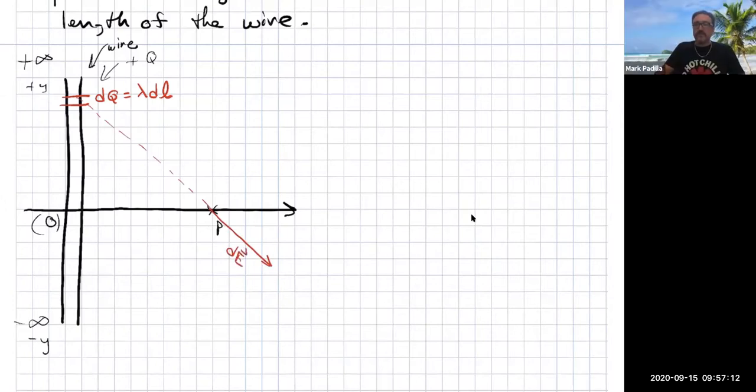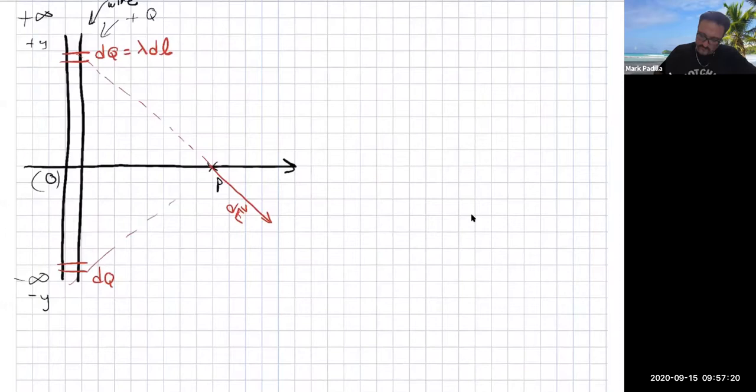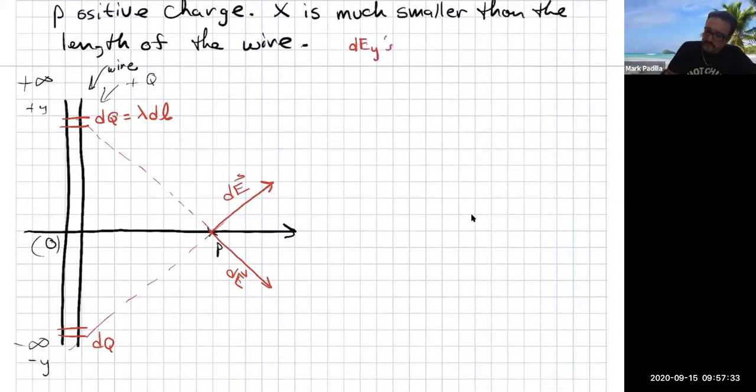So we make a symmetry argument right away. What happens? The dEy's cancel out. dEys cancel due to symmetry.